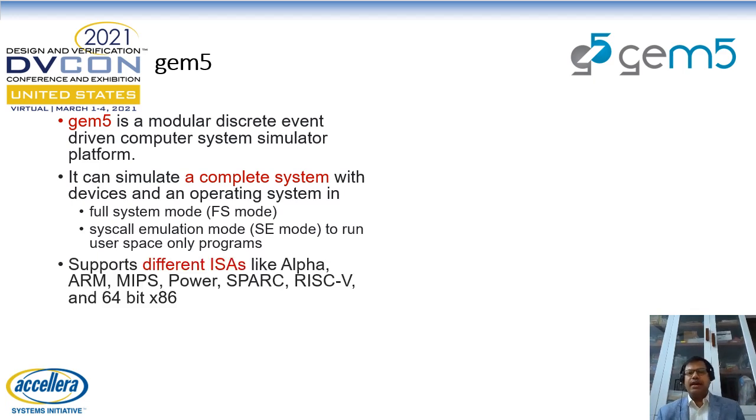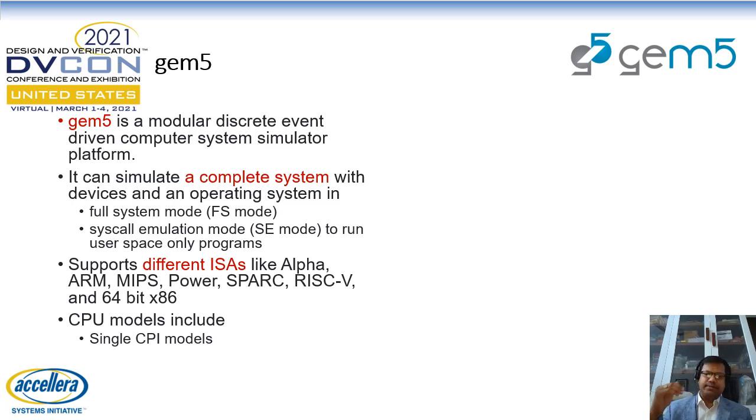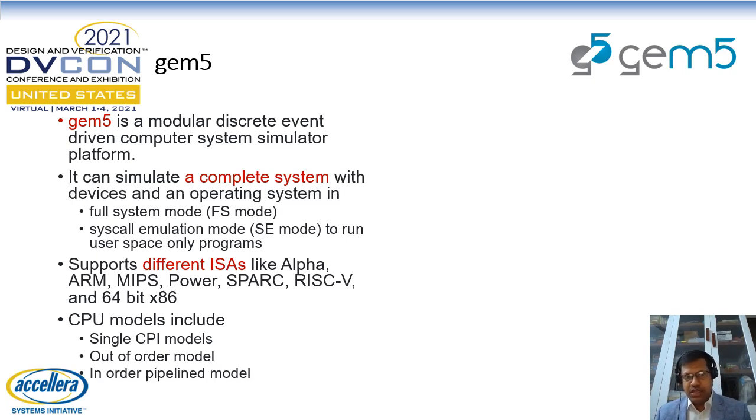And the GEM5 environment supports different ISAs like x86, ARM, RISC-V, etc. And the models include simulations at different levels. For example, single CPI models or out of order models, or even in order pipeline models.